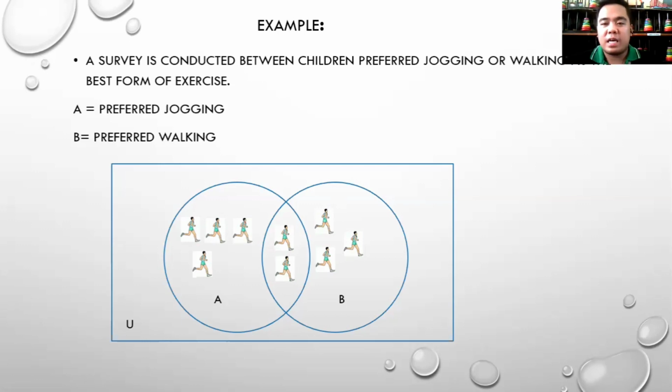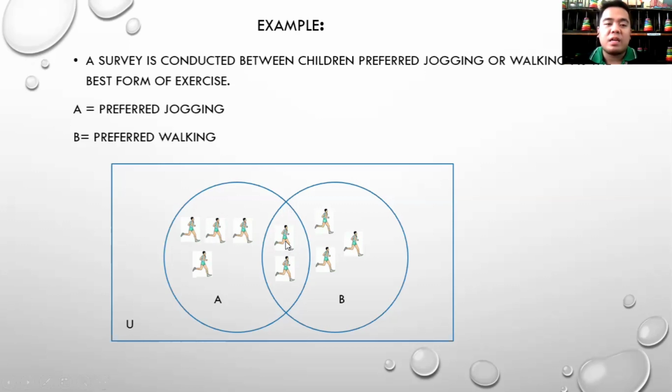So when we analyze, how many preferred jogging only? For jogging only, meaning they chose only jogging, we only have 4, right? Because these two people here preferred both, as the commonality.